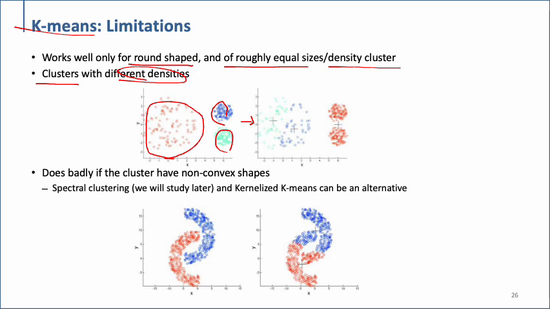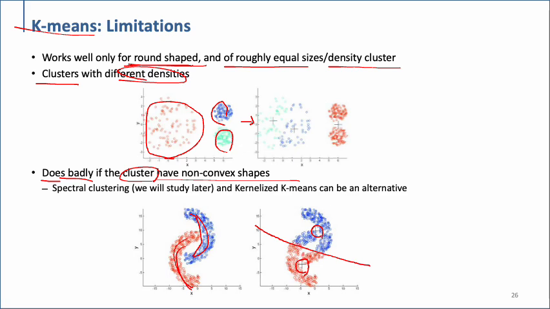It also does badly if the clusters have non-convex shapes. For this non-rounded shape data, the ideal case is that the two clusters are grouped like this, but because it just measures distance, the two cluster centers can be calculated like this, so it divides the clusters like this.